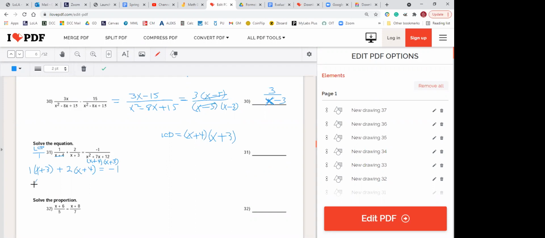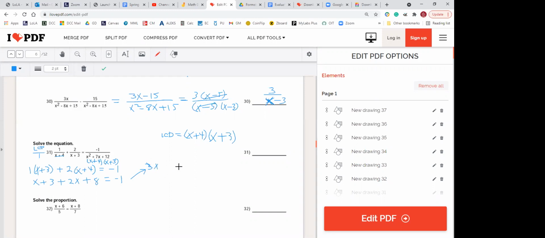All right, so that's just x plus 3 plus 2 times x, which is 2x. 2 times 4 is 8. Is equal to, so we're going to put together the x's. x and 2x is 3x. So this is going up here.